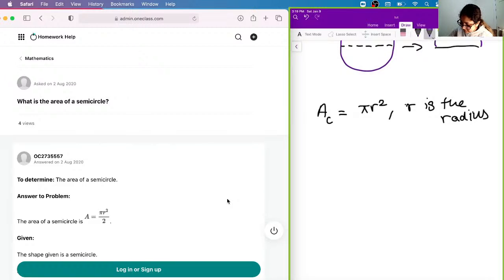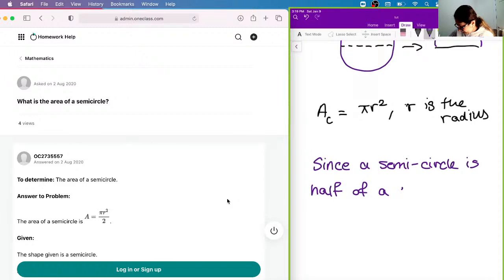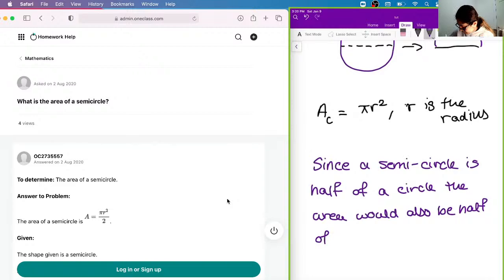So we can say, since a semicircle is half of a circle, the area would also be half of the area of a circle.